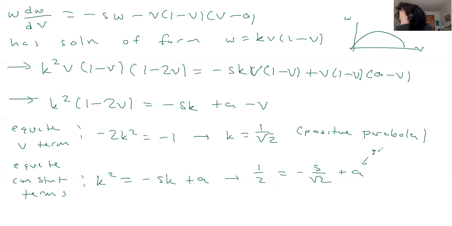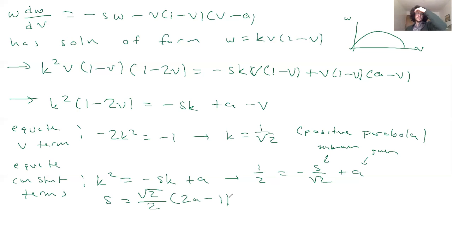Remember, this is a given, and this is the thing we're trying to figure out. Okay? And so if I simplify, then I get that the wave speed is equal to the square root of 2 over 2 times 2a minus 1. Okay? And in the homework, you're going to solve for v of xi in your homework problem. Okay?